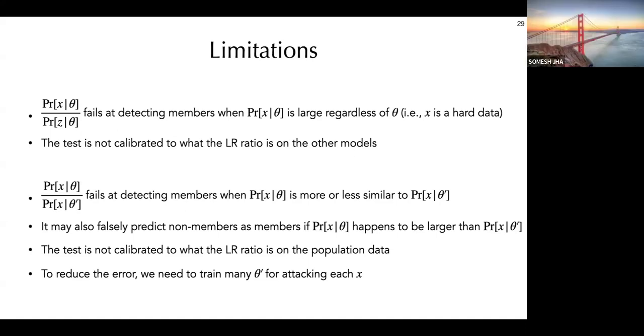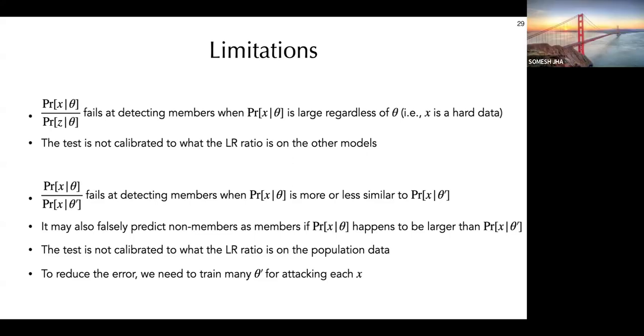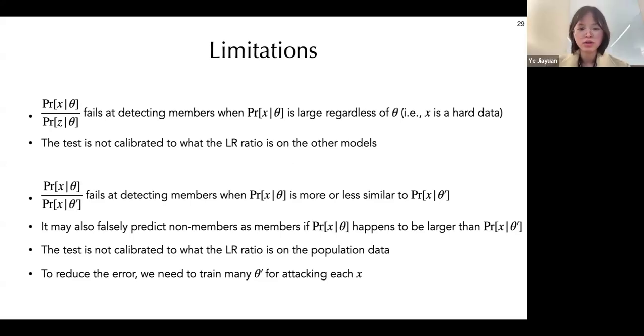So there is a cost because you have to train all these shadow models. Yes, because population data is very cheap, but training models is more expensive.